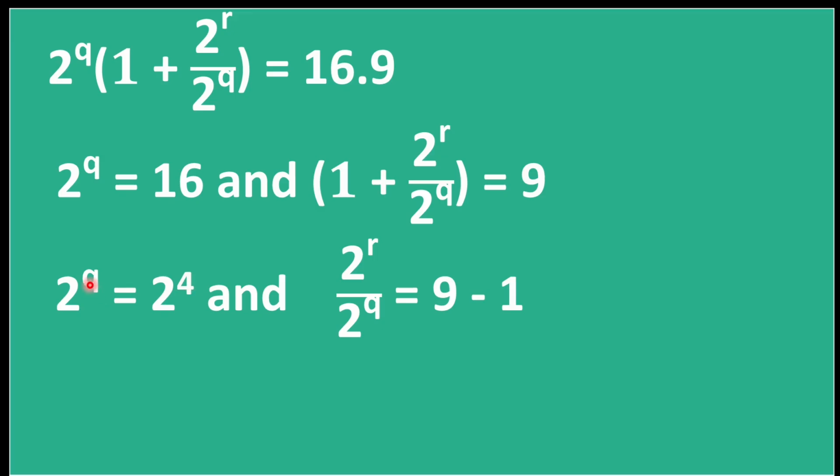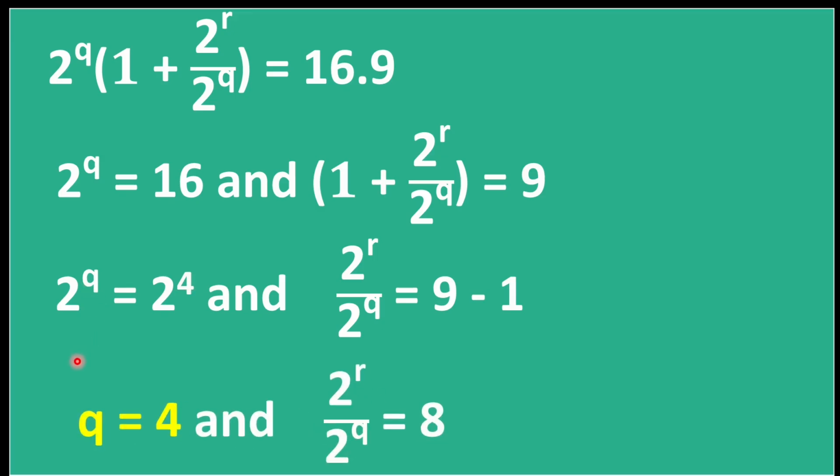Now again we have the same bases, so we can compare the powers. Therefore q will be equal to 4. And here we have 1 + 2^r/2^q = 9. Again, we will subtract 1 on both sides. When we subtract 1 over here, this 1 and minus 1 will cancel out, and 9 minus 1 will become 8.